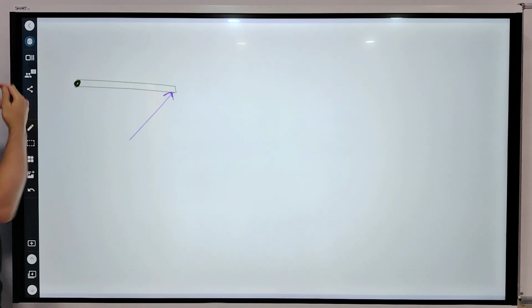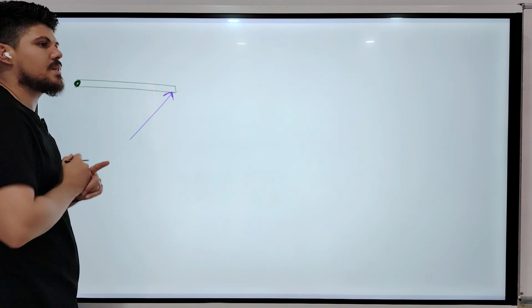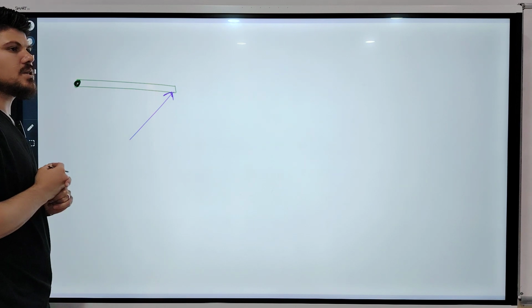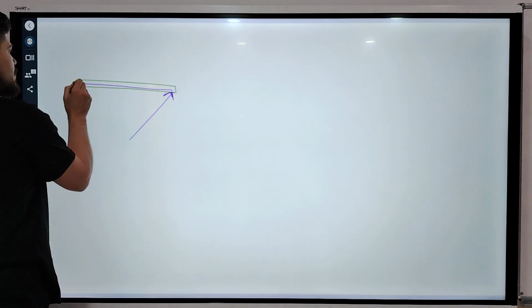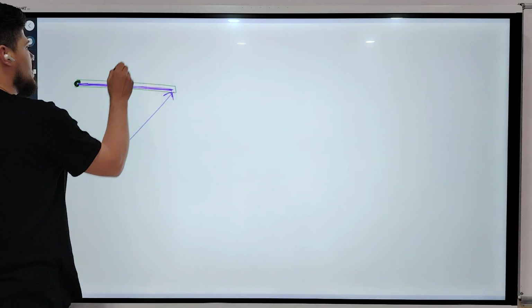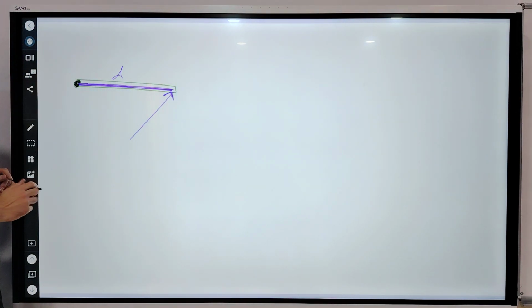Is this force perpendicular? No, because this force is not perpendicular to the distance, so that is why the lever arm is not equal to D. What is this? The distance from the applied force to the axis of rotation is D. Be careful, there is a difference between D and the lever arm. This is D, from the applied force to the axis of rotation. This is the force, okay?